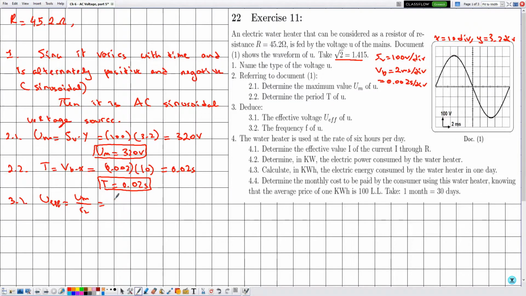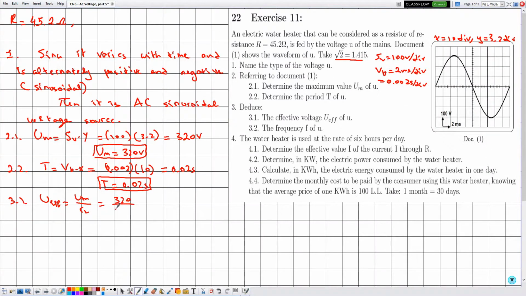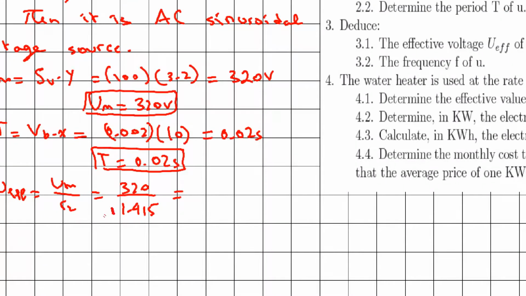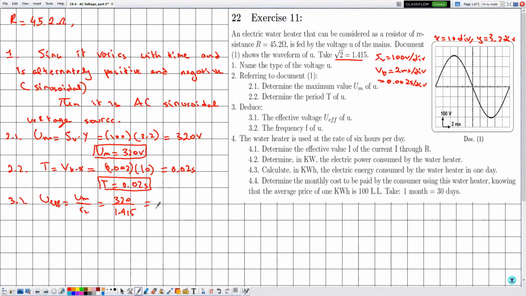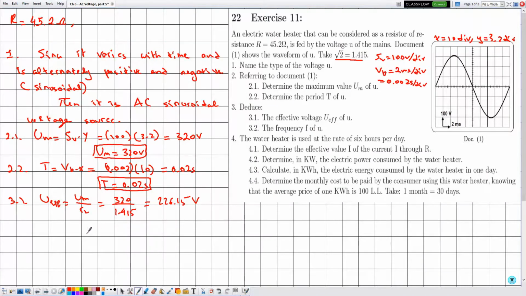The value of UM is 320 and we use the numerical value of the square root of 2, not the calculator. Now we plug this fraction on the calculator and it is 226.15. Since UM is expressed in the SI, which is volts, U effective will be expressed in the SI, which is volts.